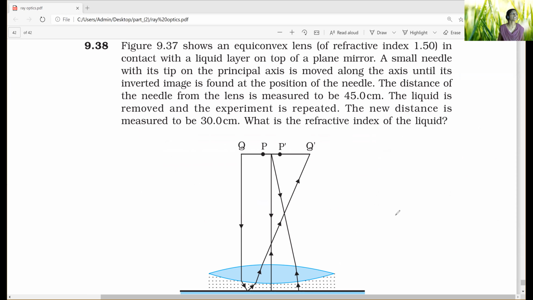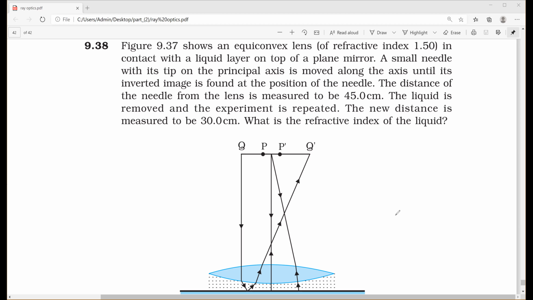A small needle with its tip on the principal axis is moved along the axis until its inverted image is found at the position of the needle. The distance of the needle from the lens is measured to be 45 centimeter. The liquid is removed and the experiment is repeated. The new distance is measured to be 30 centimeter. What is the refractive index of the liquid? So just observe the diagram.